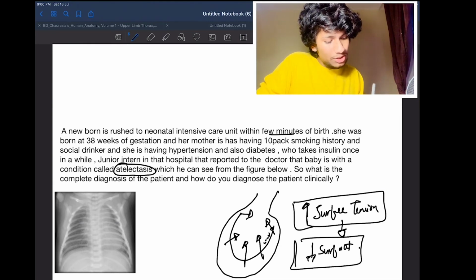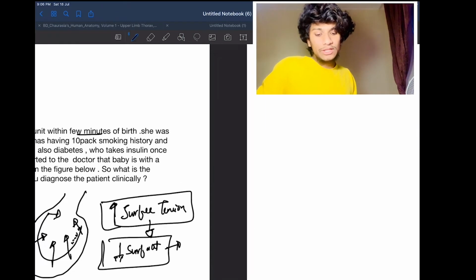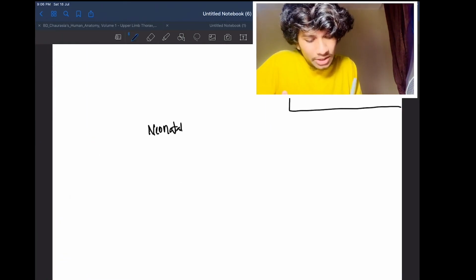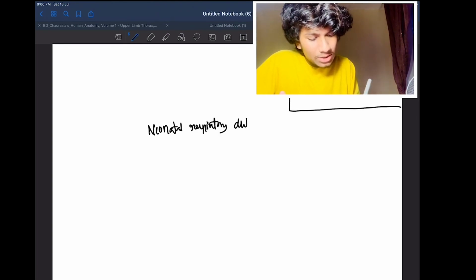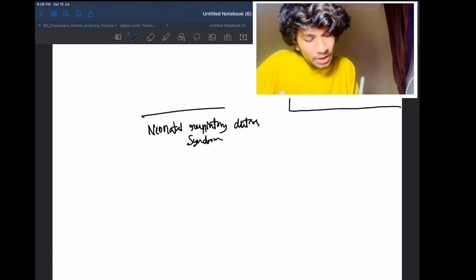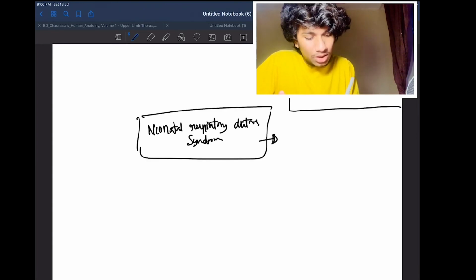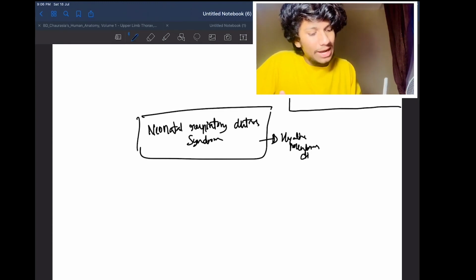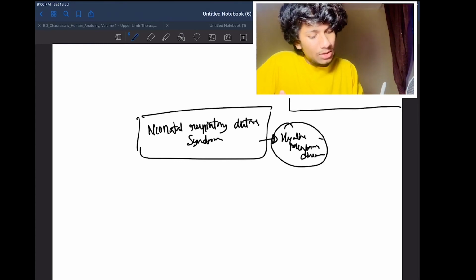So the diagnosis would be neonatal respiratory distress syndrome, and this syndrome is also called hyaline membrane disease.